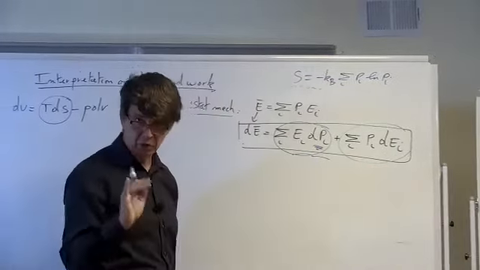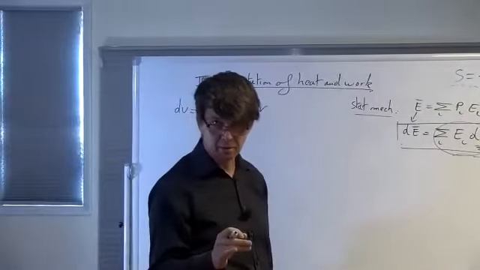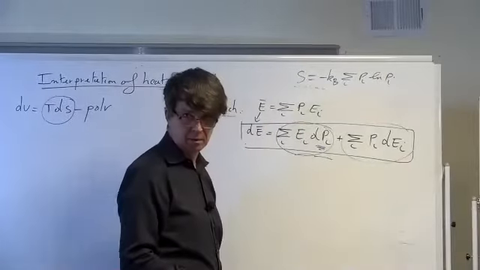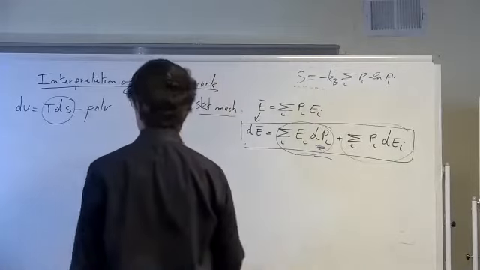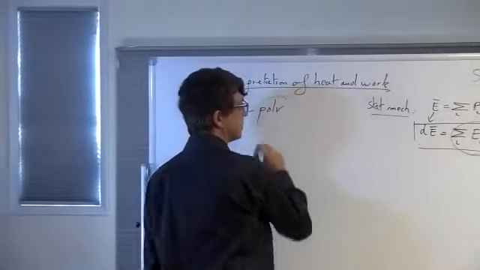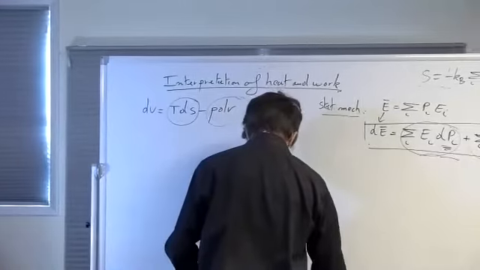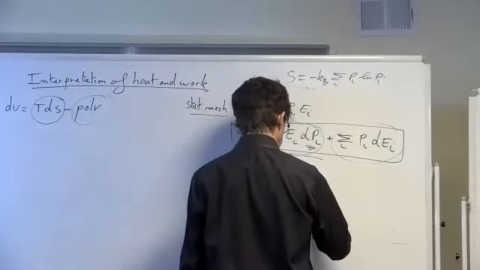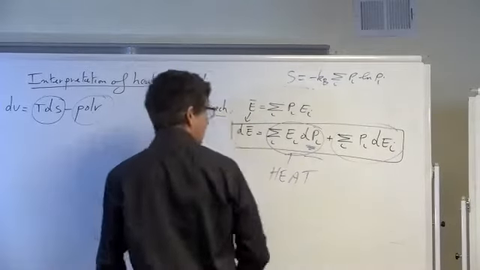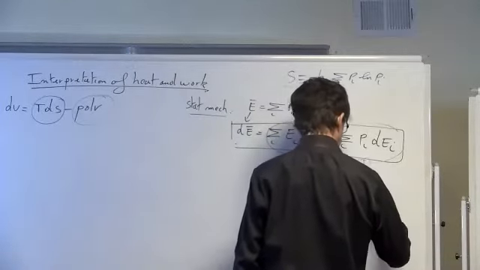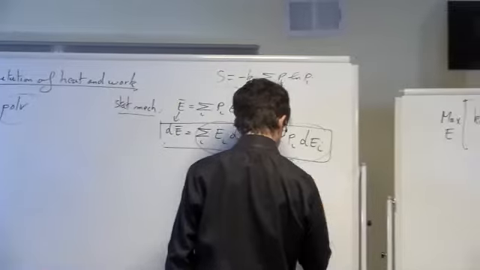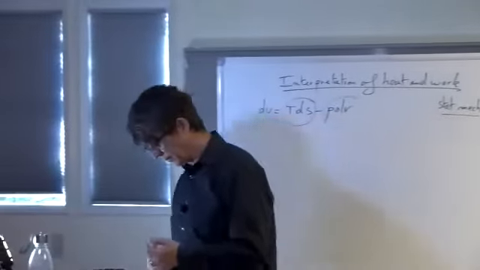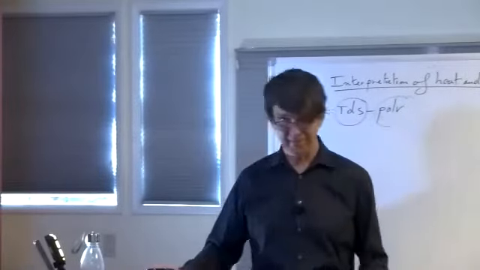So I'm doing this at constant entropy, because the entropy is only determined by the Pi's, but I'm changing the energy levels. So that's this term. So this here is heat. This is work. My work is done. Ha ha ha. No.